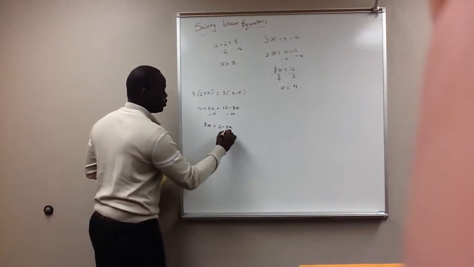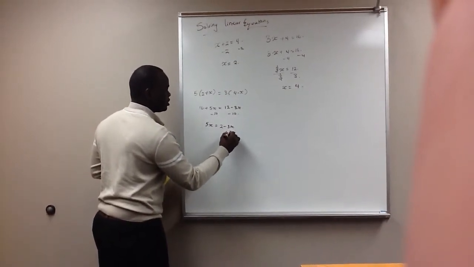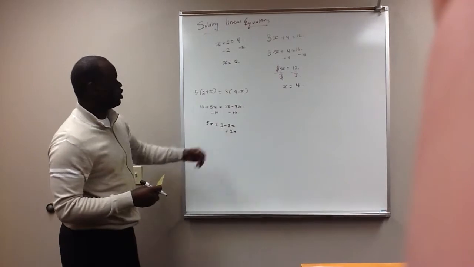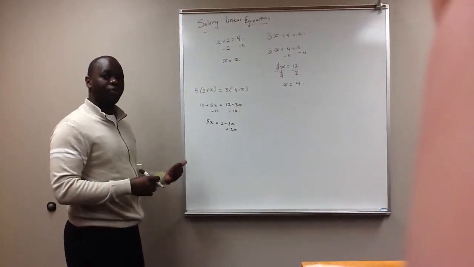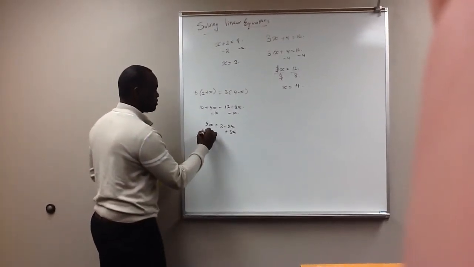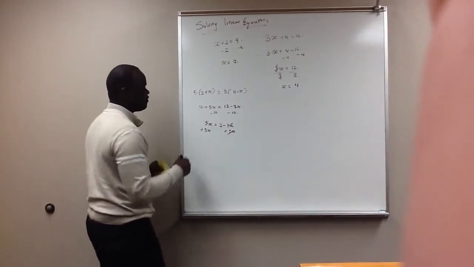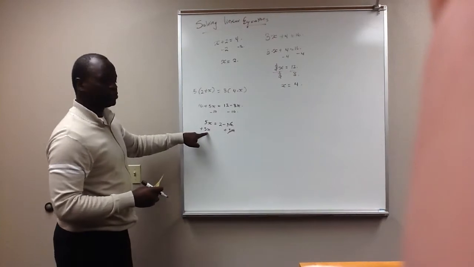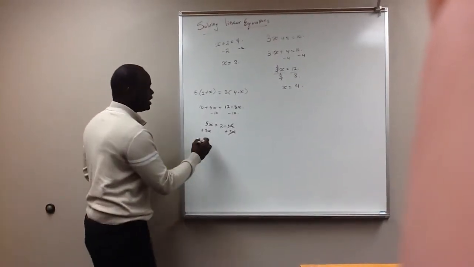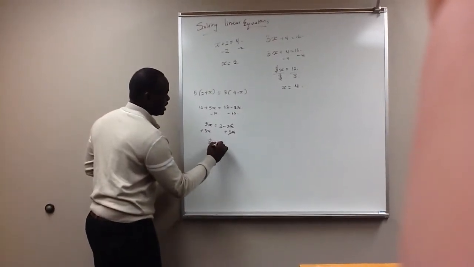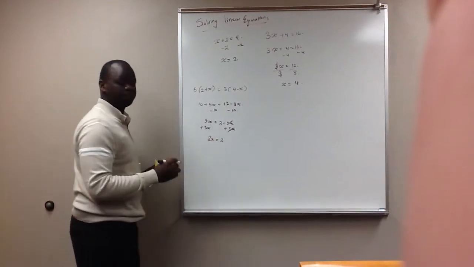And since we're applying a certain operation on one side, we have to apply the same operation on the other side. So this becomes plus 3x, and that's how this becomes 0. So you have 5x plus 3x, which can be combined to be 8x. So this becomes 8x equals 2.